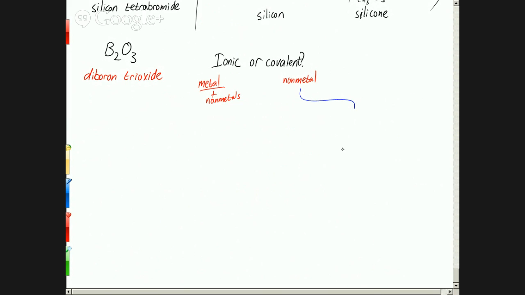You use your prefixes that everyone loves, your mono, di, tri, stuff that we've just been talking about. Once you know it's covalent and there's no metals around, you can go ahead and name it di, tri, tetra, all that stuff. If there's a metal involved, then you have to make another choice.